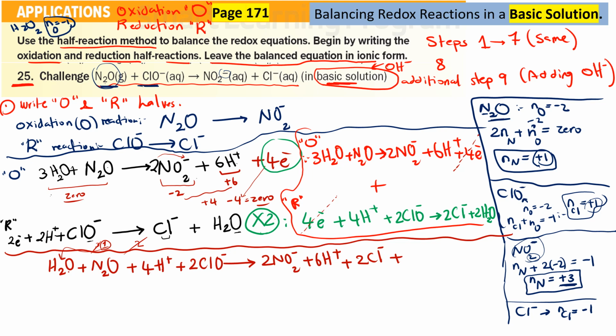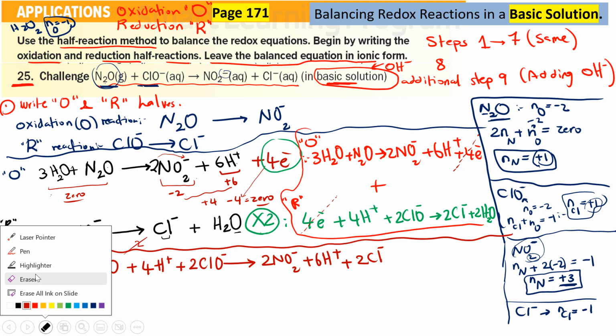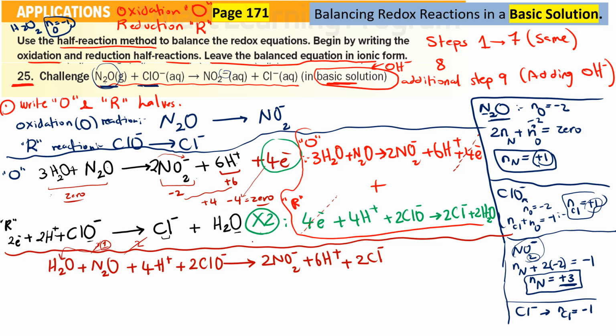And that's H2O. Okay. Now if we are in an acidic solution, we are done, this is the final solution. Okay, I have 2N. Sorry, probably I forgot something here.